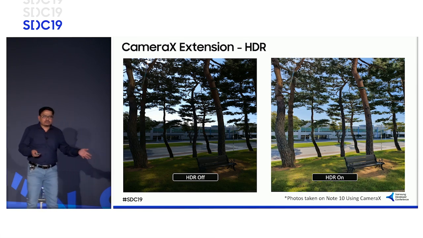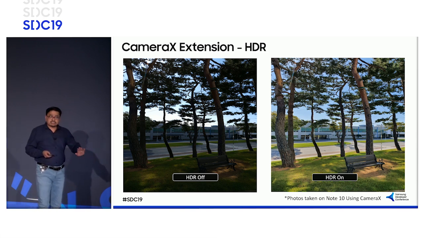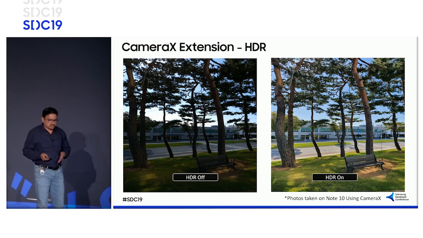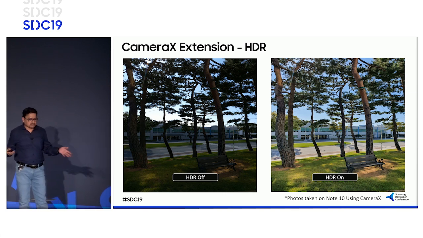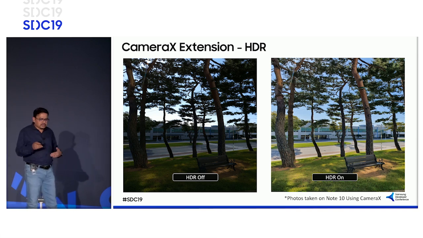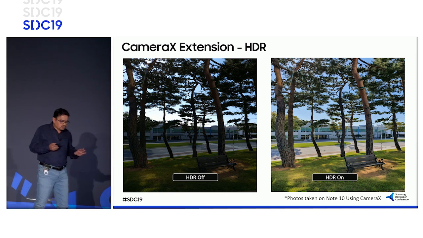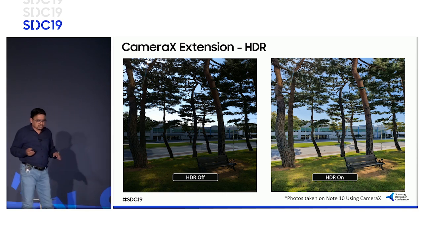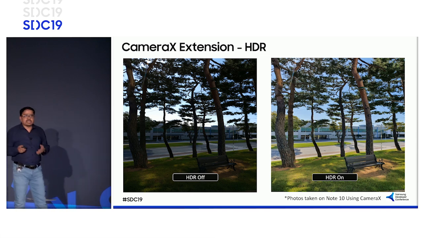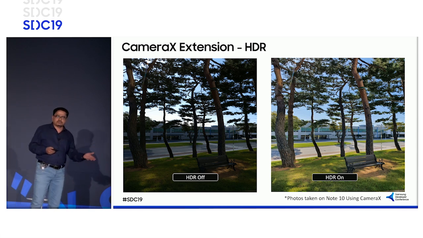So here you have 2 images. The left side image is taken without the HDR extension and the right side image is taken with the HDR extension. Wow, a big difference. You can clearly see in the right side image, full dynamic range, a very good texture on the tree, very good colors, and very good sharpness. So overall, when you get an image with the HDR extension, it is much superior when you compare with the left side image.